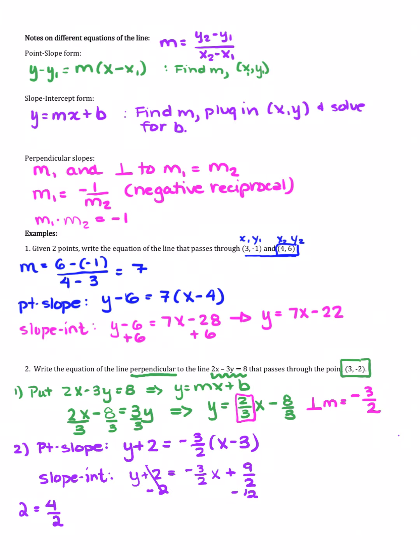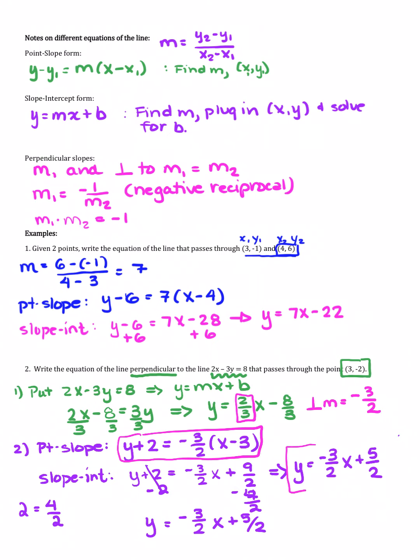So I'm going to subtract 4/2 here, so that I have y equals -3/2 x plus 5/2. I'll write it again out here a little neater: y equals -3/2 x plus 5/2. There are your two equations, one in point-slope form and one in y equals mx plus b. All right, good luck.